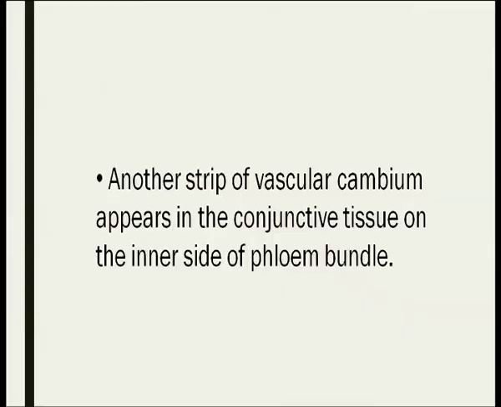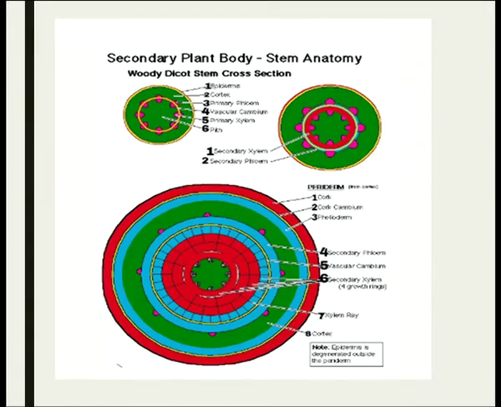So, now these cells divide and cut cells on the outside and inside, and the vascular cambium appears in the conjunctive tissue on the inner side of the phloem bundle. We must understand that the plant in the beginning is green and young, but after some time it becomes woody and strong. How does it happen? It happens with the help of secondary growth happening in the root and the stem.